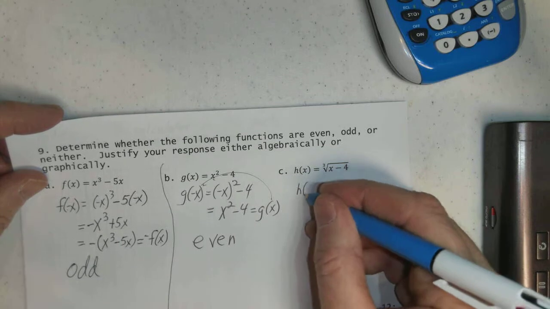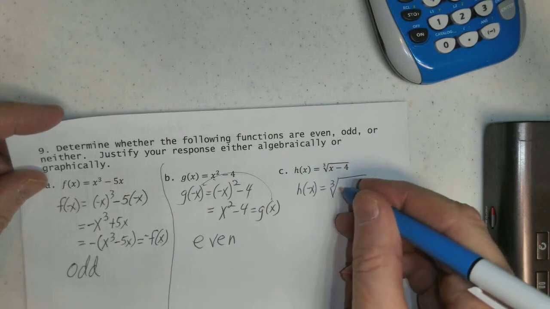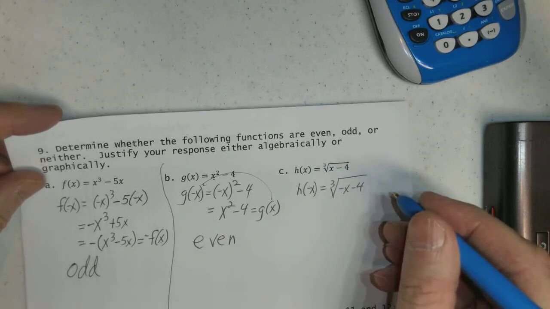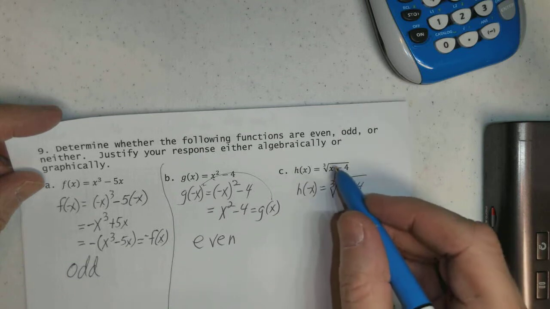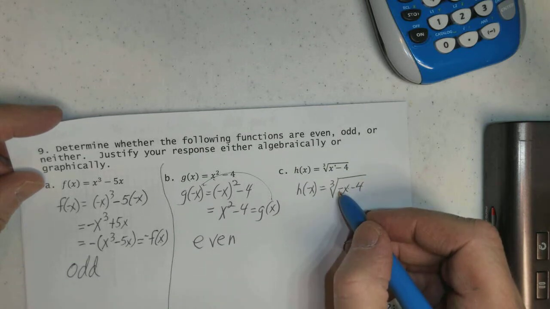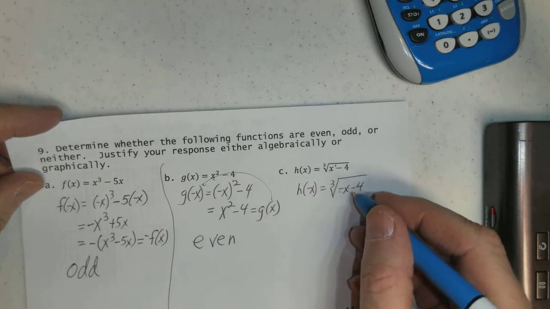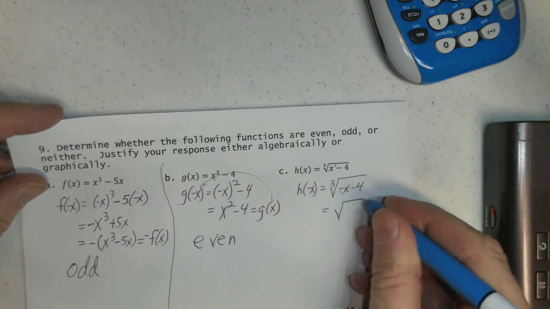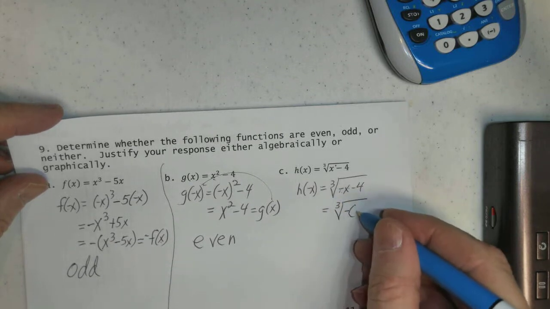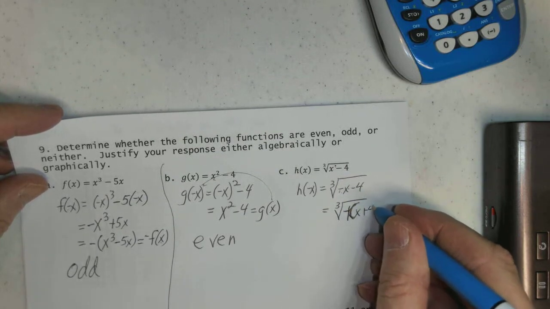Alright, now this one. Okay, h of negative x equals the cube root of negative x minus 4. That is not equal to that. If I were to factor out a negative 1, I'd have x plus 4 here.